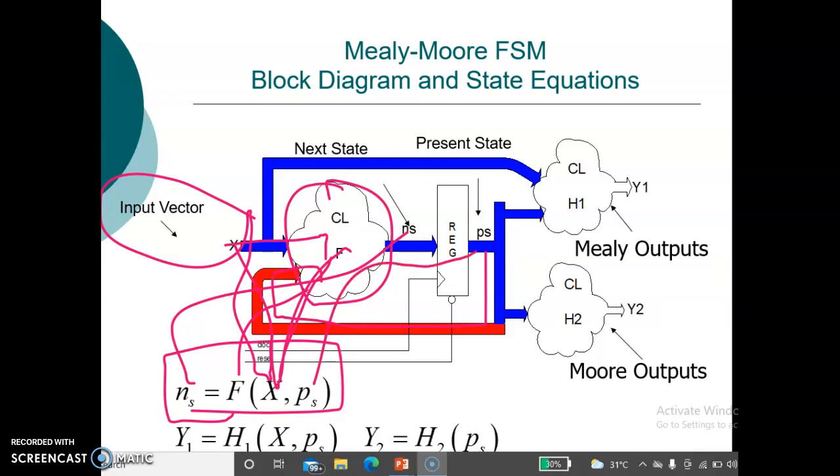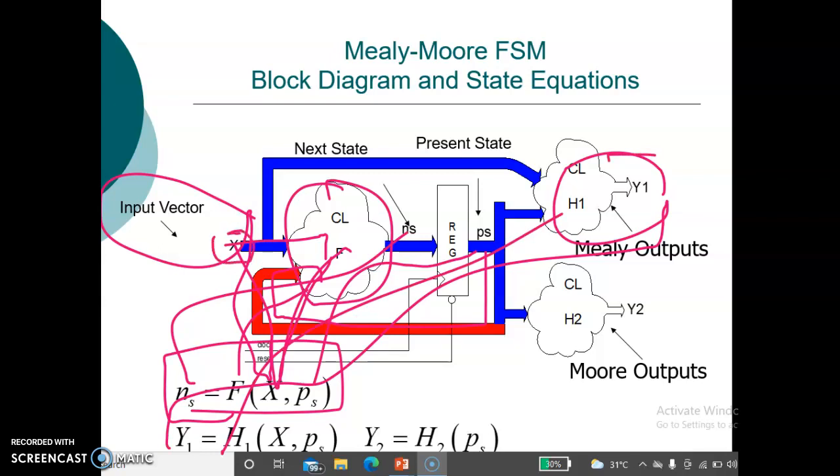Then Y1, that is the Mealy outputs, equals H1, this is this part. H1 directly takes the input vector. In H1 what function is going on, this input vector and the present state, both are there.